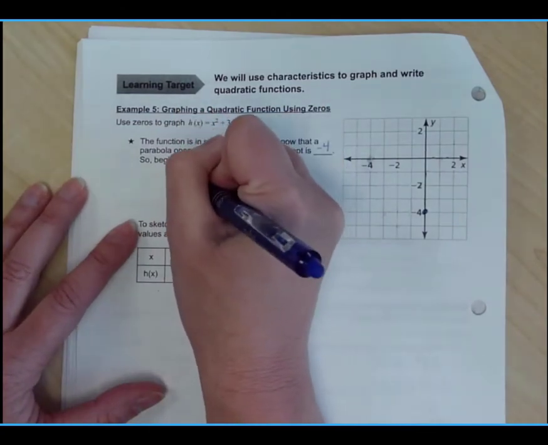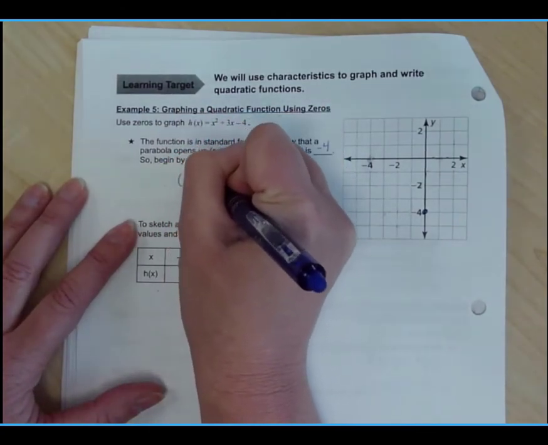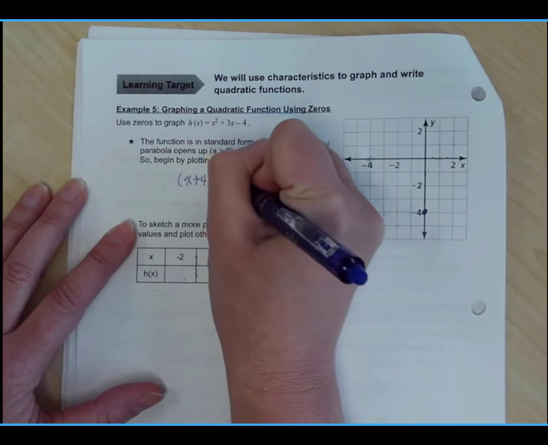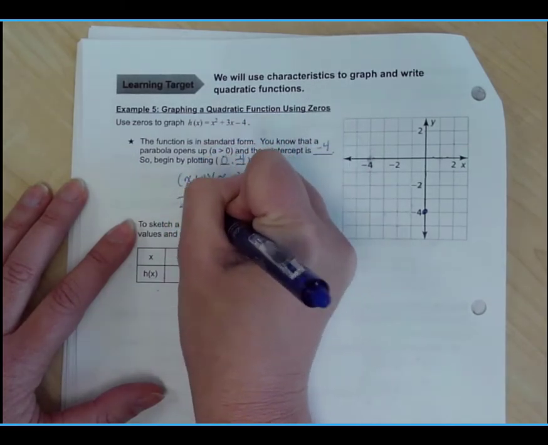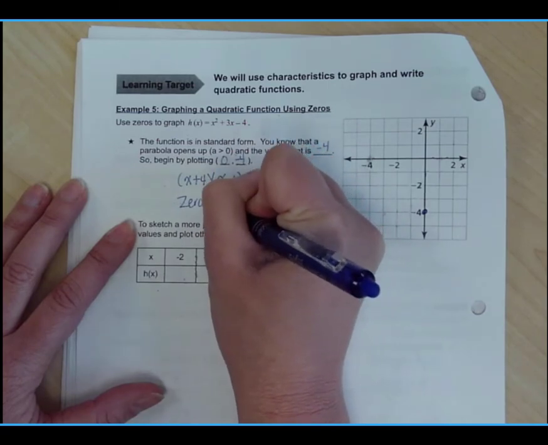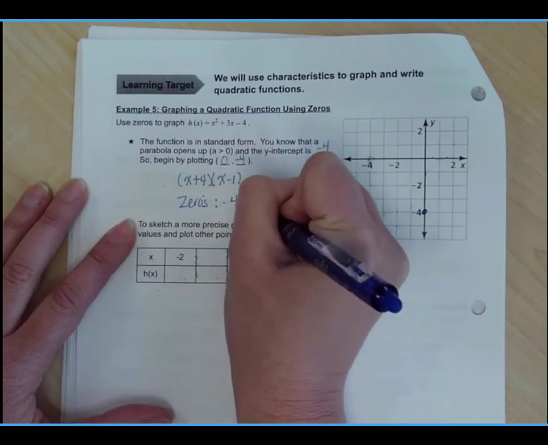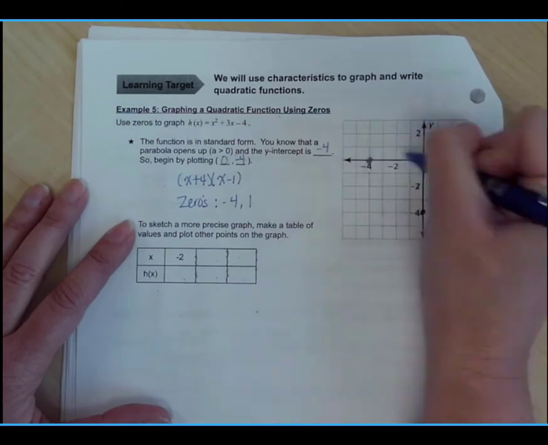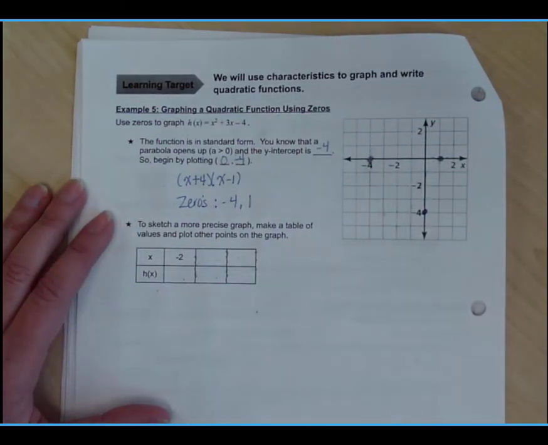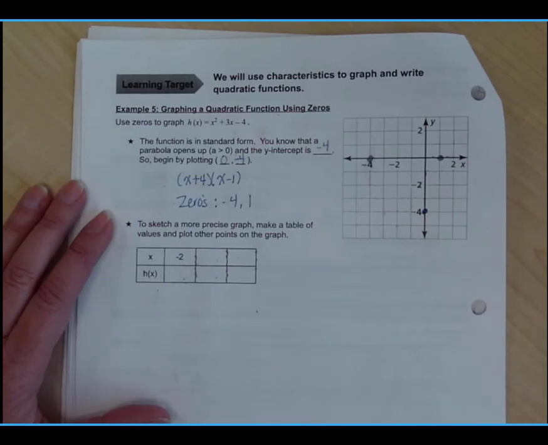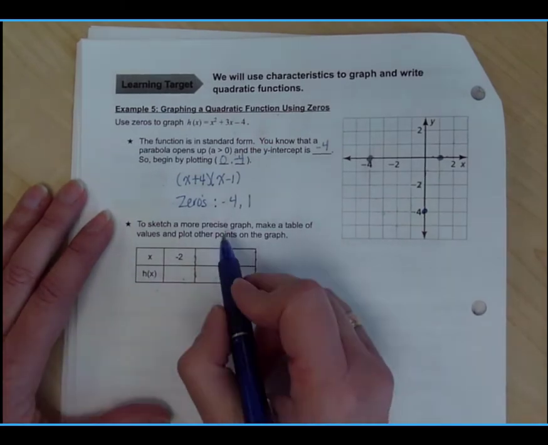So when I factor this, I get x plus 4, x minus 1. So that means my zeros are -4 and 1. Now from here, I can go ahead and sketch a parabola.